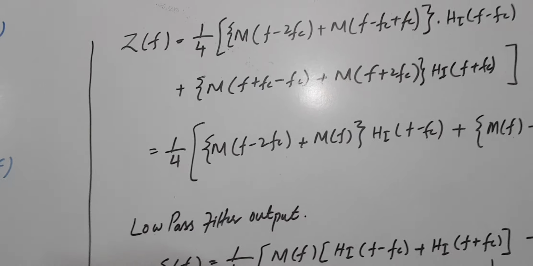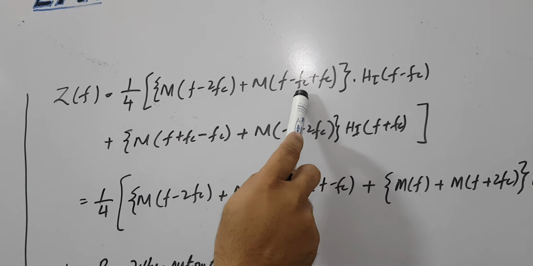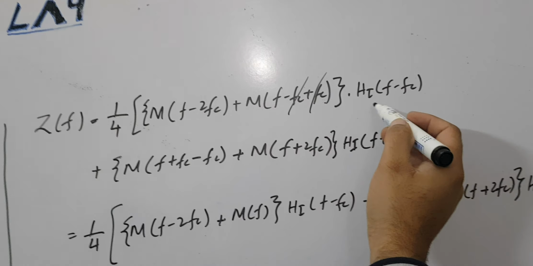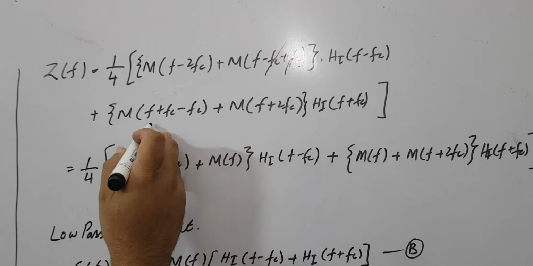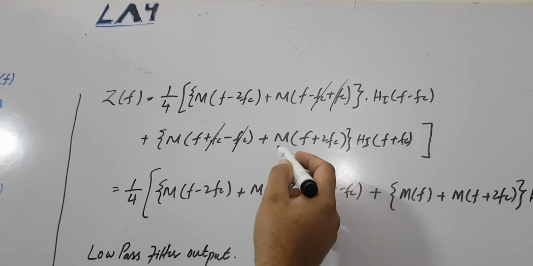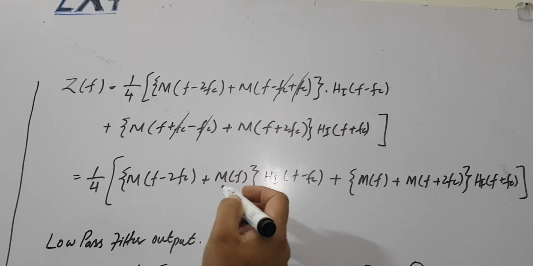So that is why this is f minus 2fc, because you are substituting f as f minus fc. Similarly here, M of f minus fc plus fc cancels out, and then multiplied by H of f minus fc. Similarly on the other side, f plus fc, this also cancels out, and you have M of f plus 2fc and H of f plus fc.